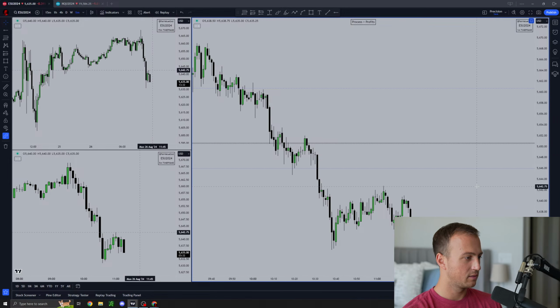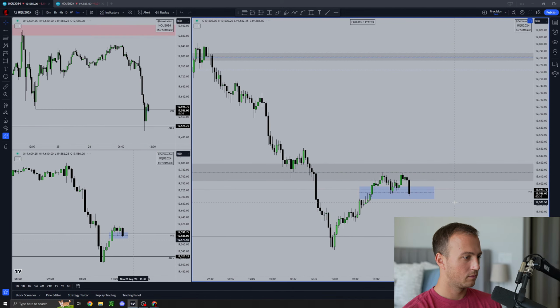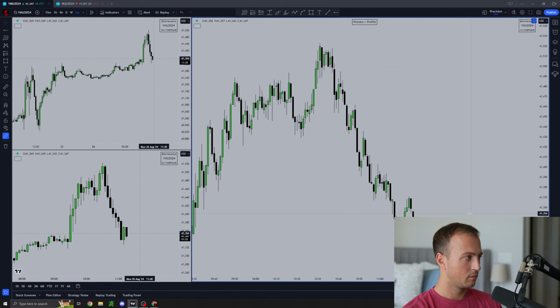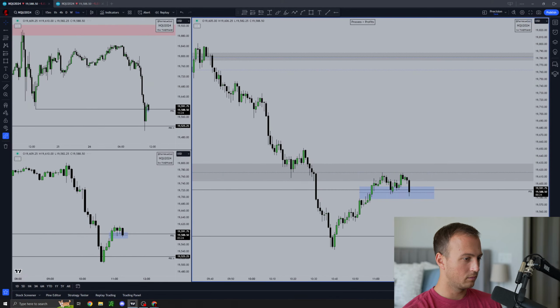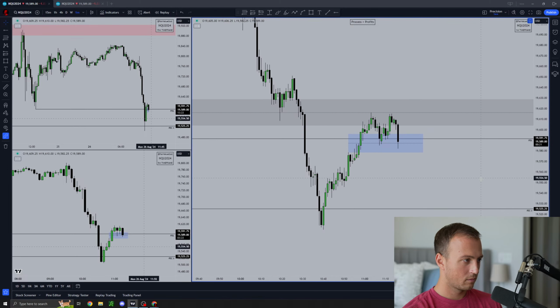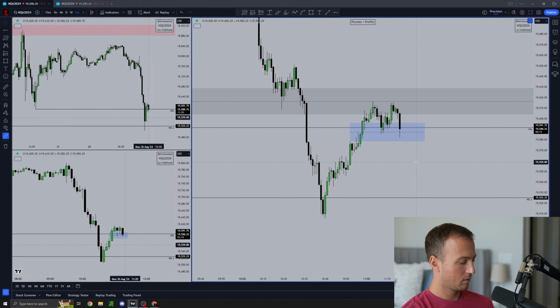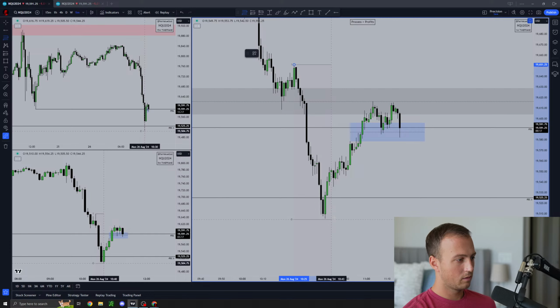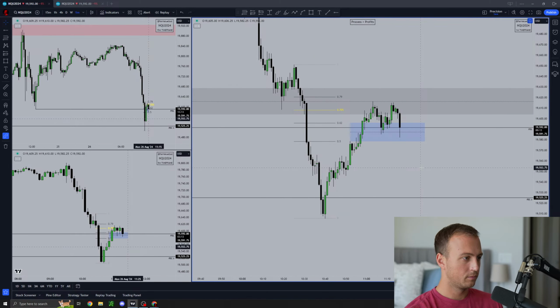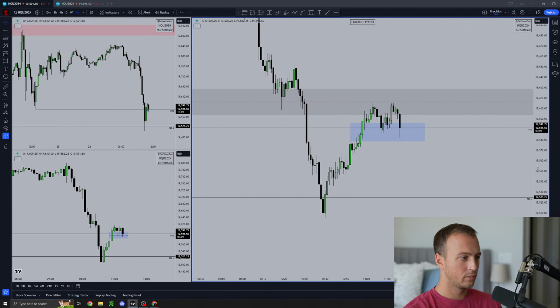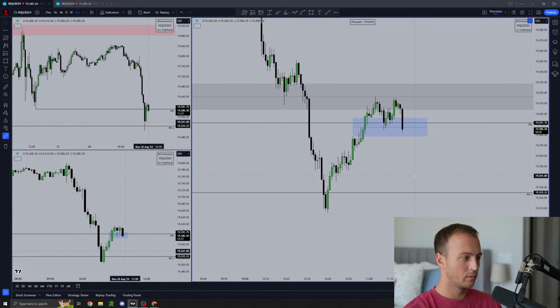Here's ES. This is a pretty shallow run below those lows.